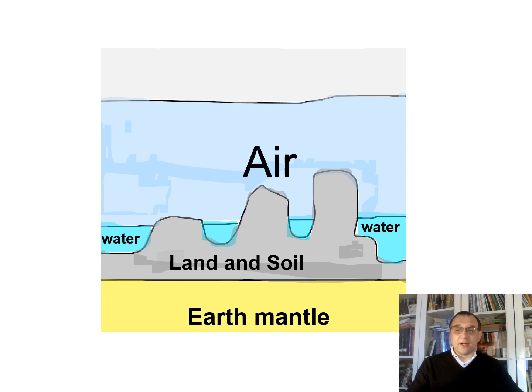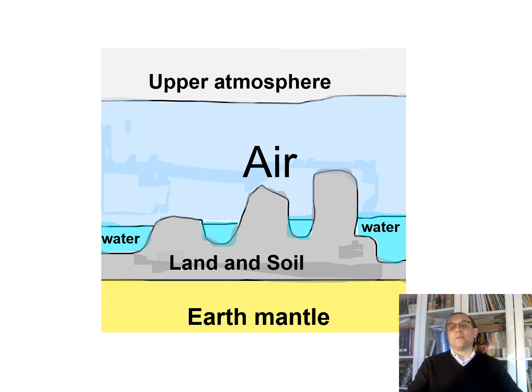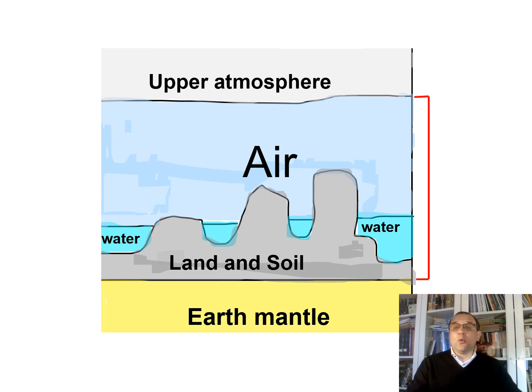Besides birds, there are billions of bacterial cells in there, including some algae. How about the upper atmosphere? Well, not much life is found in there, right? Or any at all, maybe it doesn't even exist in some places of the upper atmosphere. So the biosphere would be the land and soil, water, and air. That's what we can call the biosphere.